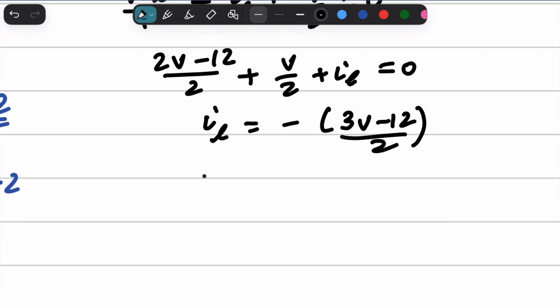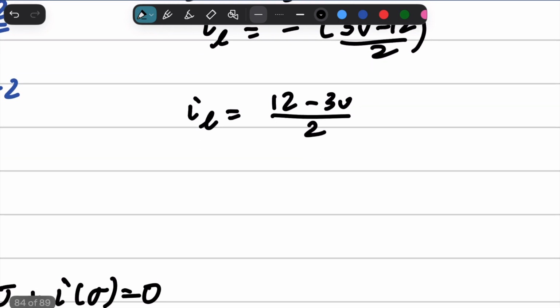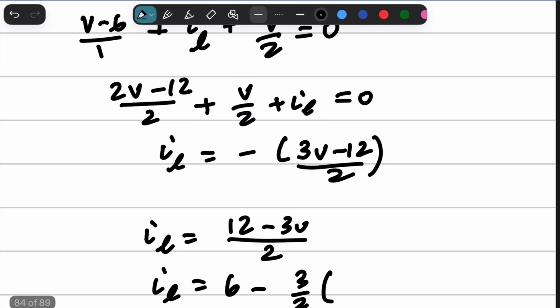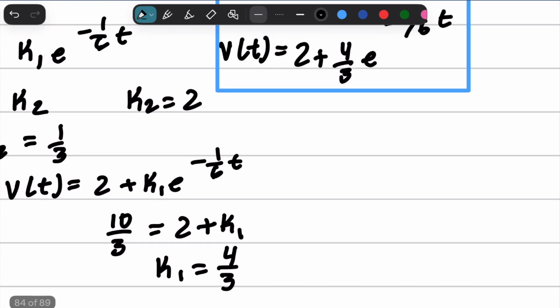We're going to go ahead and apply that subtraction across, 12 minus 3V over 2, and then IL is equal to 6 minus 3 halves, and we're going to plug in the V that we found here.